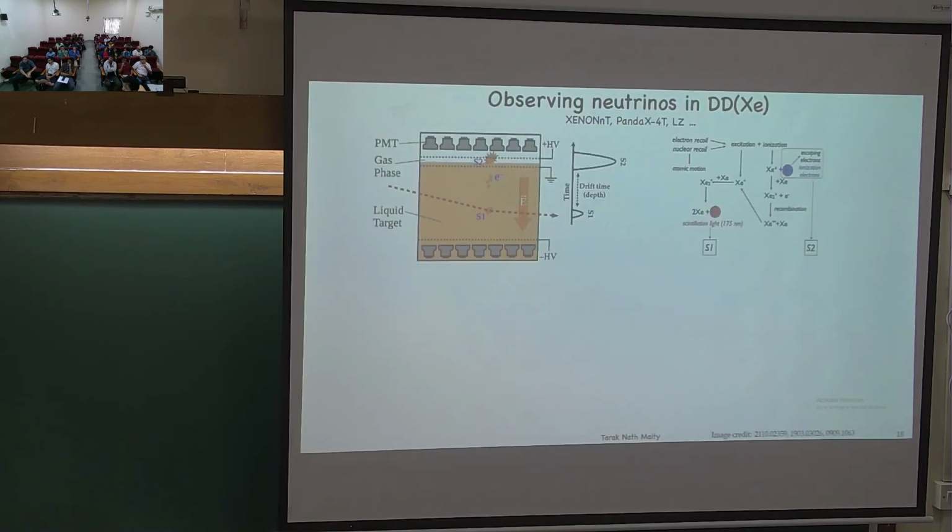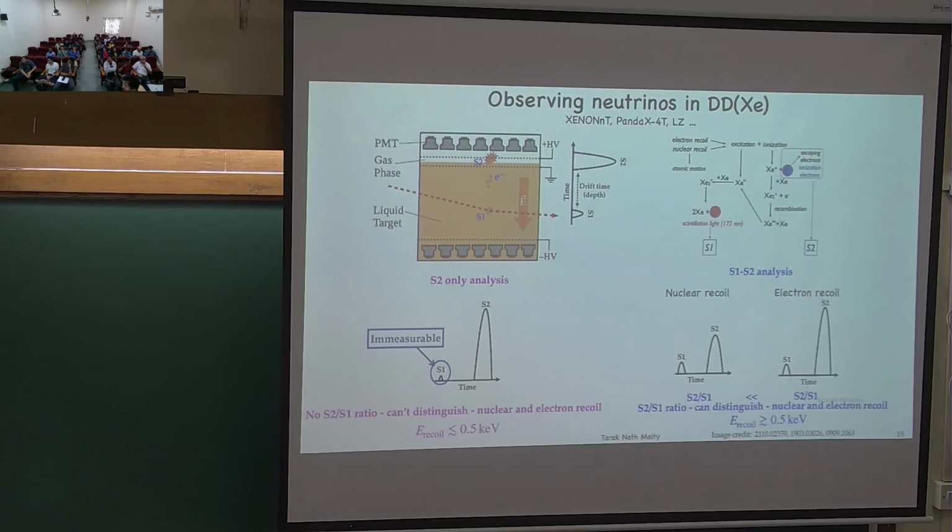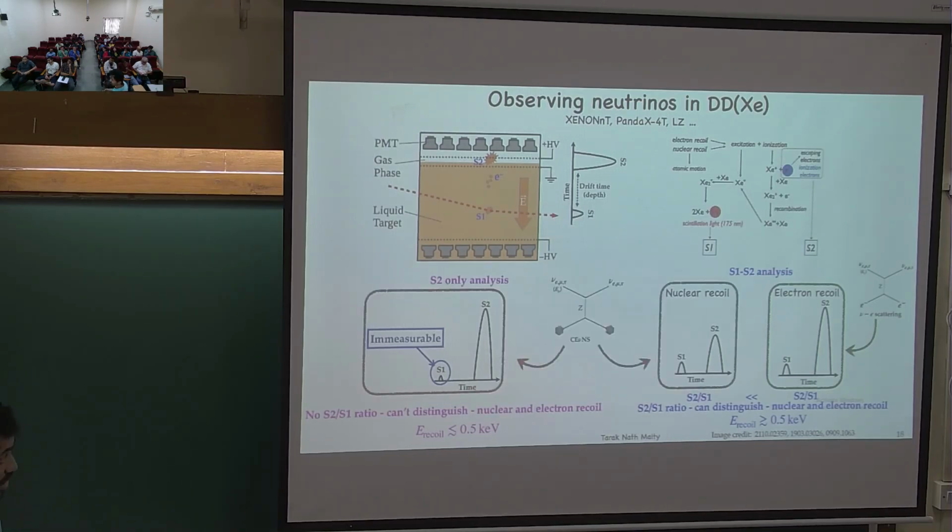As I said, these experiments can measure nuclear recoil and electron recoil. If you have neutrino-electron interaction, that is going to appear in the electron recoil channel, and if you have neutrino-nuclear interaction, that is going to appear in the nuclear recoil channel.